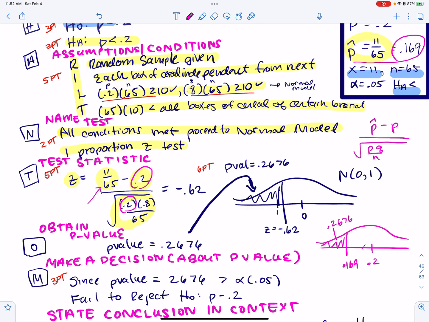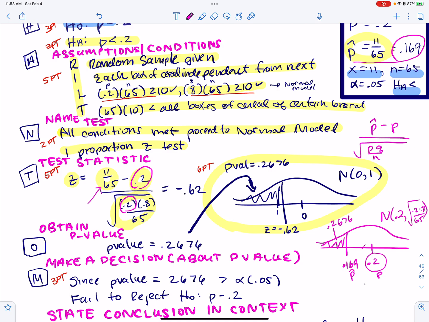Okay, so you're required to do either a picture labeling the normal model here, or the picture labeling the normal model like this: 0.2, with standard deviation the square root of 0.2 times 0.8 over 65. You are welcome, but it's going to give you the exact same answer. Remember, the model is based on my population, and I'm seeing how often my p-hat exists on my normal model.